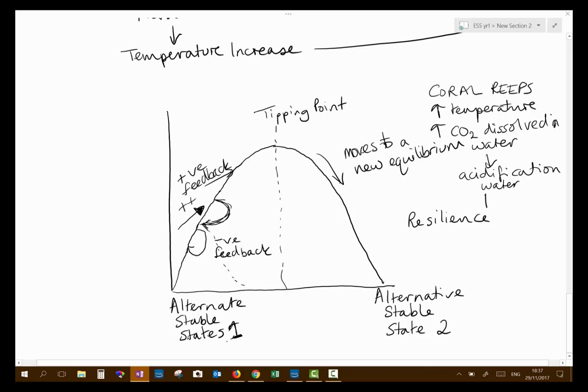It becomes a lower pH, so more acidic. Then corals expel their symbiotic algae, and you get a bleached reef, whereas here we had a healthy reef. And so that's still a system state. It's in equilibrium, but it's not in a very happy equilibrium.